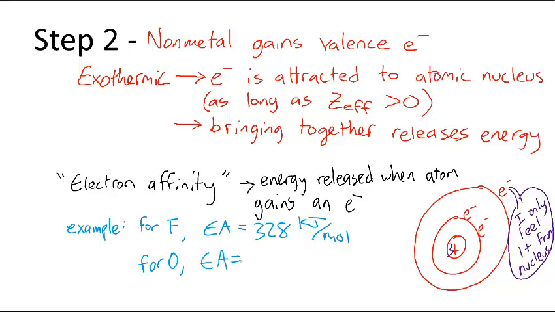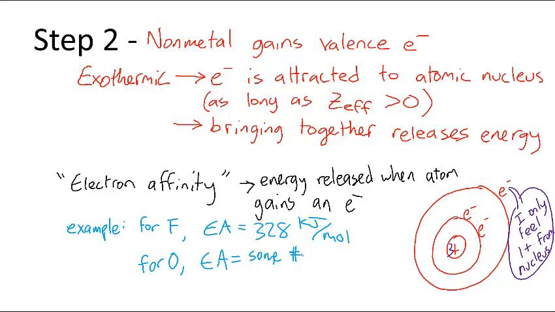If you thought about the electron affinity of O minus, think about it for a second. You have O minus and you have an electron. What are those two things going to do when they see each other? They're going to repel.